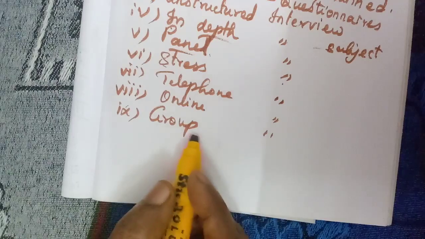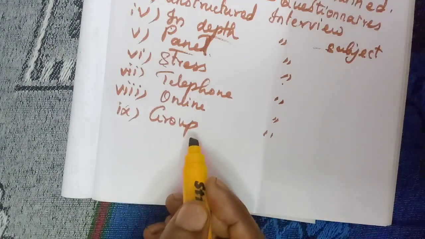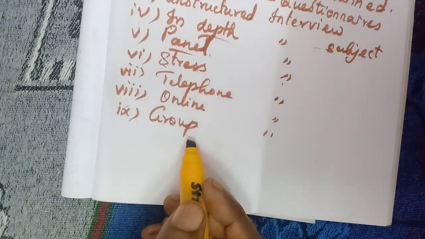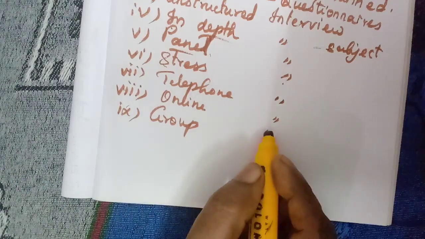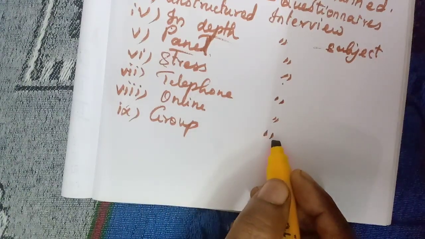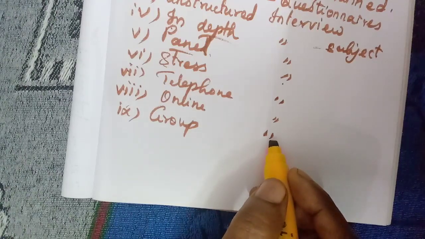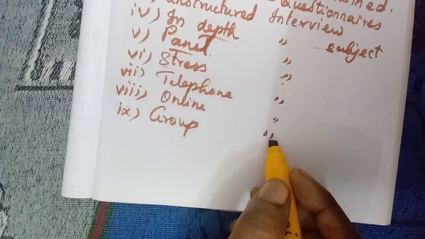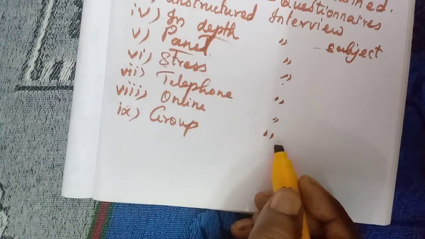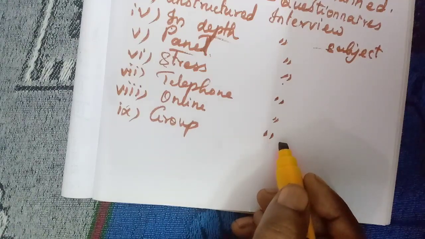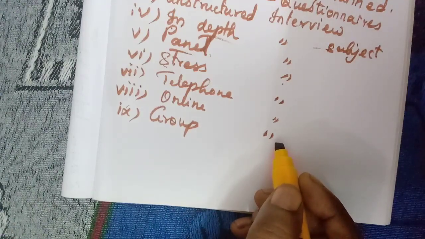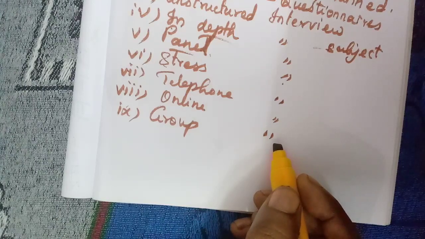Here, one person will be interviewing a group of candidates, so very easily they can identify the persons. They may ask some questions, and those in the group who are able to answer, they can select them. There is no need to waste time asking the same question to each and every person. So group interview can also be done.